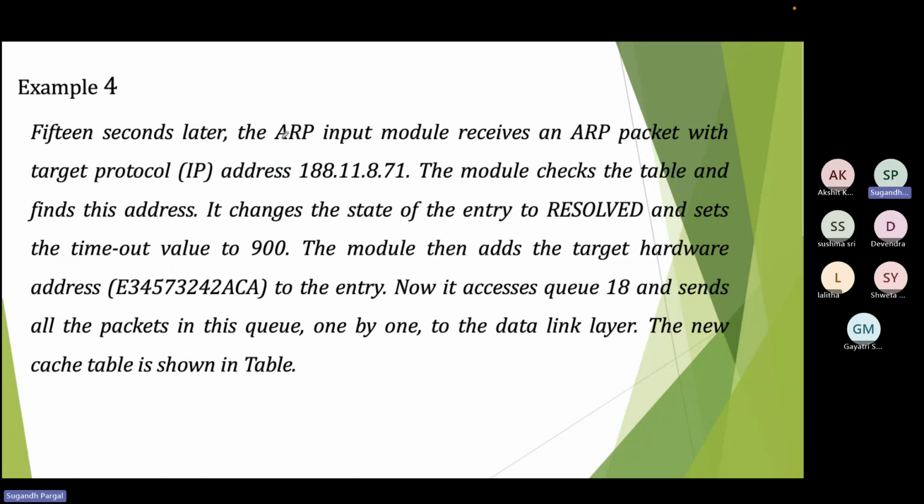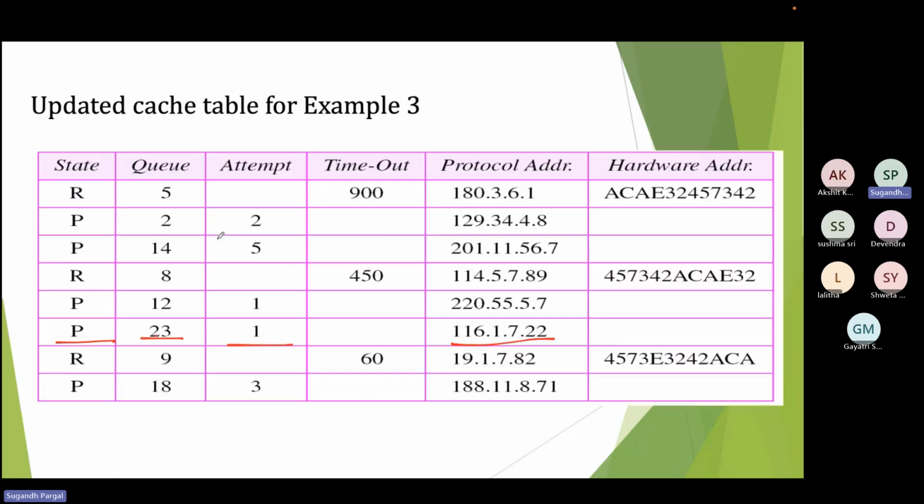Then 15 seconds later, the ARP input module receives an ARP packet with the target protocol IP address 188.11.8.71. The module checks the table and finds this address, as you can see here, 188.11, and its state is pending.